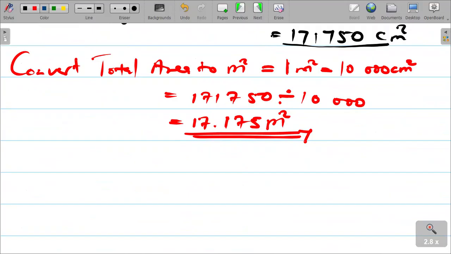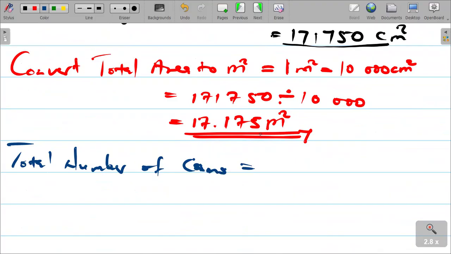Total number of cans is equal to, we are told that one can covers 12 square meters.